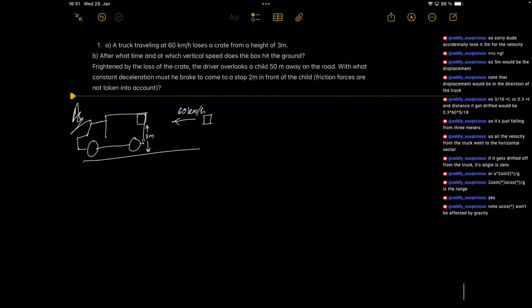After what time, and at which vertical speed does the box hit the ground?